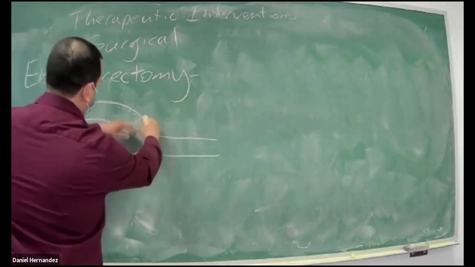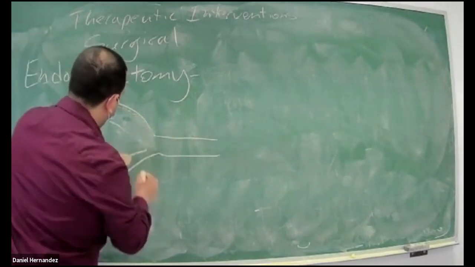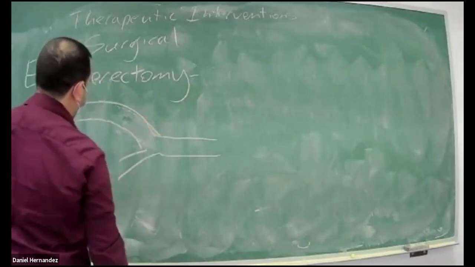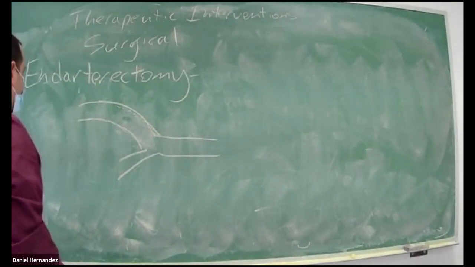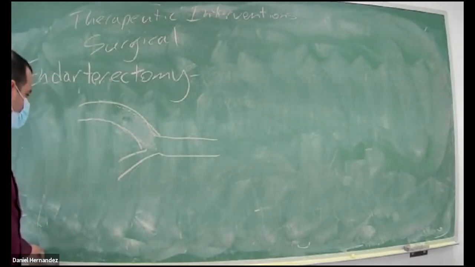And the bulb, they'll open it up, remove the plaque, and try to open up the vessel. Then they take a portion of the intima to open it up more, make it nice and wide. Now they have a nice, clean carotid artery. So that's your endarterectomy, the surgical removal of the plaque.